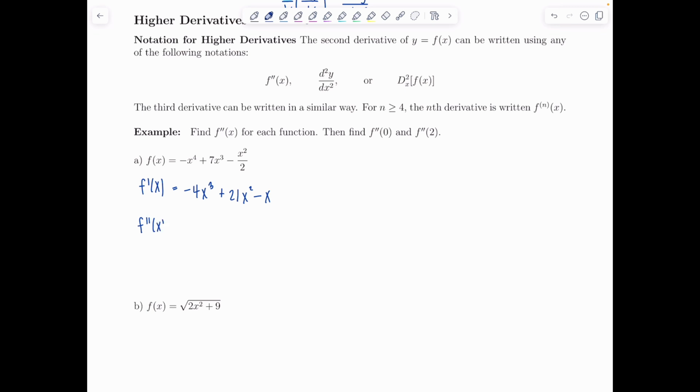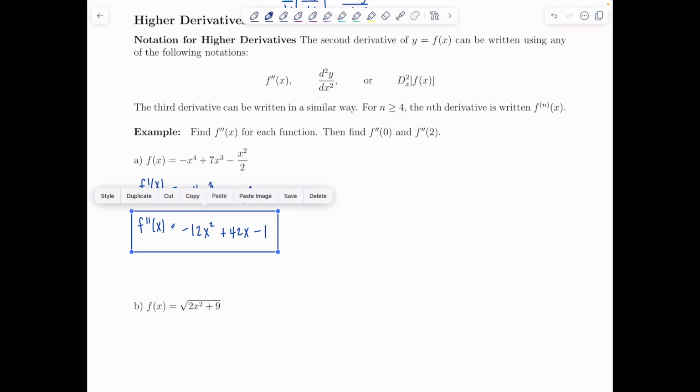Okay, one more time, so we get the second derivative. f double prime of x is going to be negative 12x squared plus 42x minus 1. Perfect. So that's f double prime of x. Got that part taken care of. Then we need f double prime of 0 and f double prime of 2. So for f double prime of 0, everything's going to be 0 except the last term, so it's negative 1.